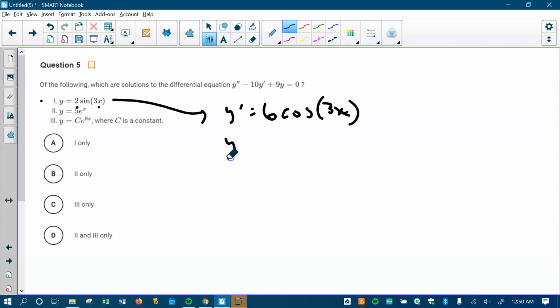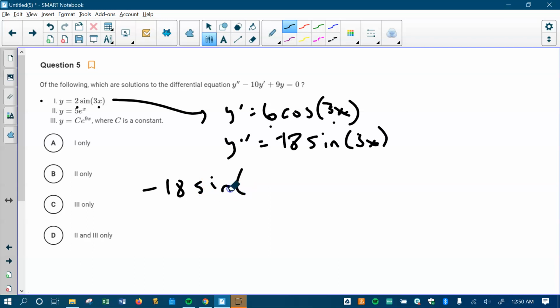Y double prime is, again, the 6 times 3 is 18. It's going to be negative sine of 3x. So now let's add these and see if we actually get the answer we want. When we do y double prime, so negative 18 sine of 3x minus 10 times y prime, which is minus 10 times 6, which is minus 60 cosine of 3x.